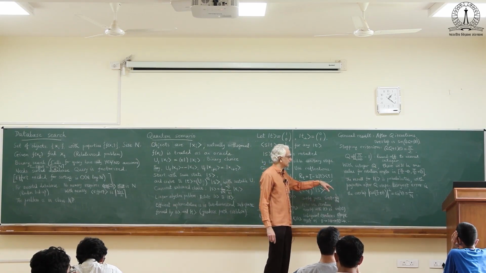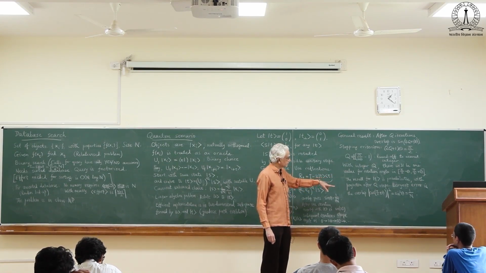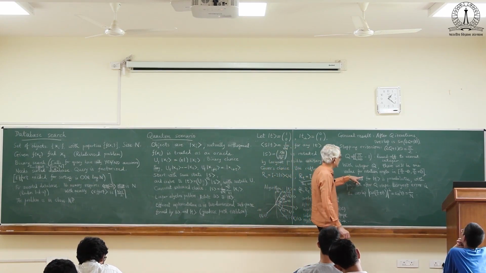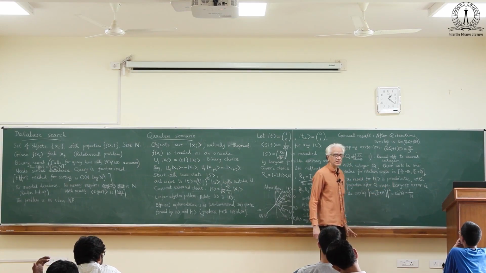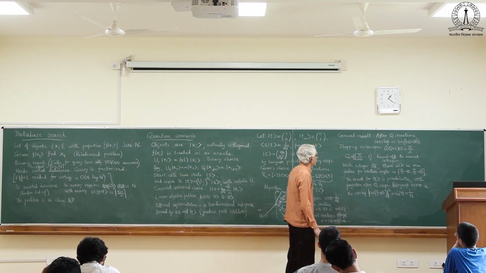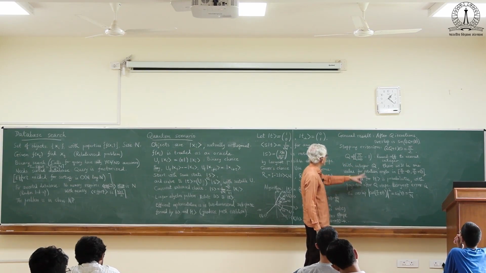So this falls into the class of bounded error algorithms, where you can get a reasonably high confidence and the error is under control. So assume that we will do this.